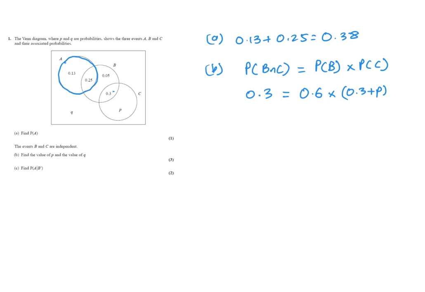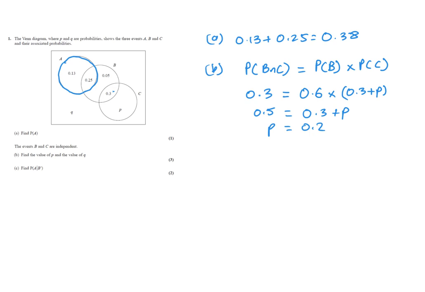That's likely to go wrong if we don't. Okay, so then just solving that, P's our unknown. Half of 0.6 is 0.3, so that's simplified, and so P is 0.2.